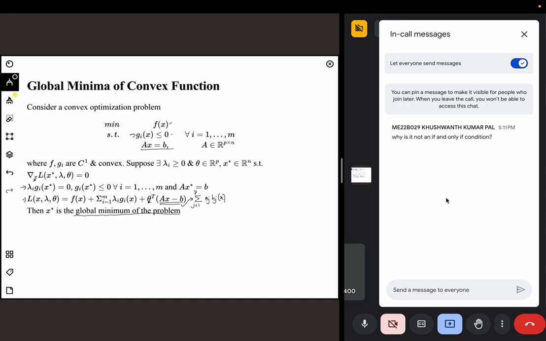Do you mean the objective function or the constraints? Which one you're saying? Yes, something like this you're saying.